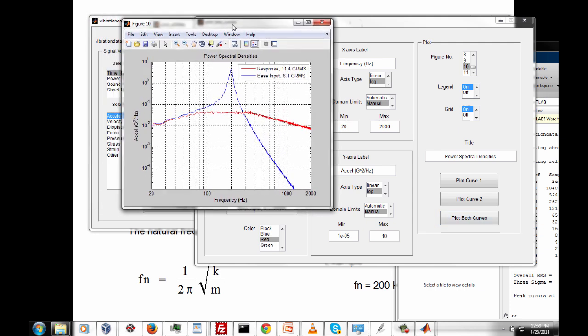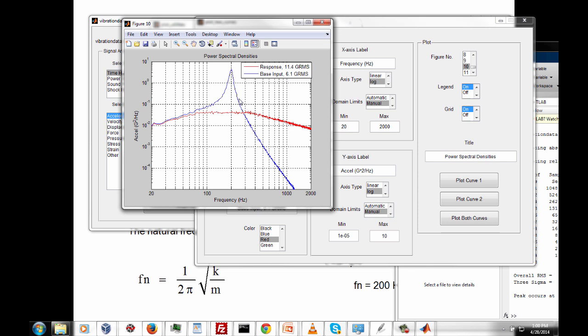Okay, so what's going on here is now it becomes more clear. So we've got power spectral densities, g² per hertz versus frequency in hertz. Here at the lower frequency we have very nearly unity gain. So response approximately equals base input at the lower frequencies. Then as we progress towards higher frequencies and we approach our resonant frequency at 200 hertz, we get the dynamic amplification effects occurring.